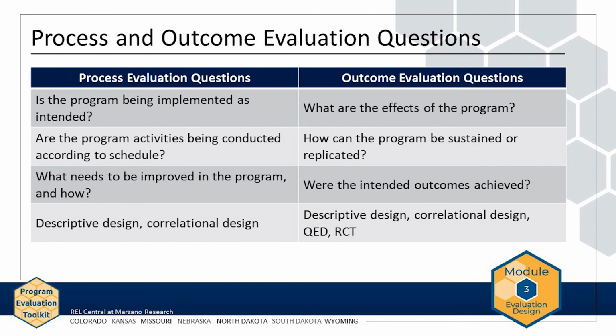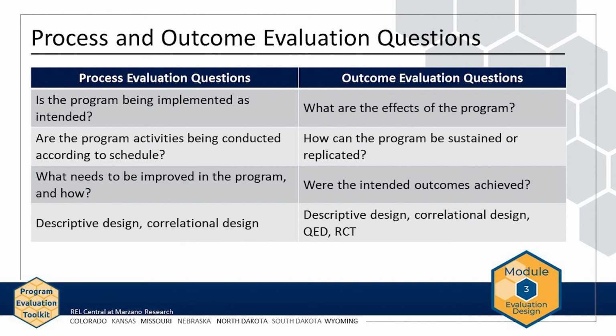In general, you can use descriptive and correlational designs to answer both process and outcome evaluation questions. Outcome evaluation questions that you answer using descriptive and correlational designs cannot provide evidence of efficacy. On the other hand, you can use QEDs and RCTs to answer outcome evaluation questions, which can provide evidence of efficacy.